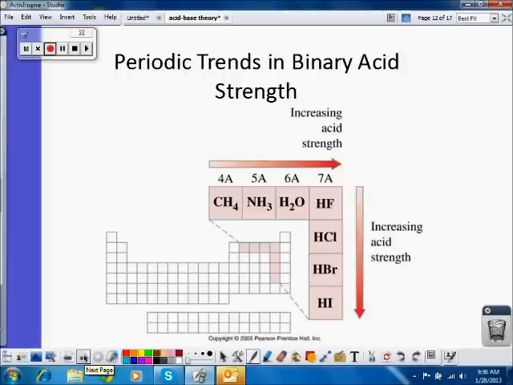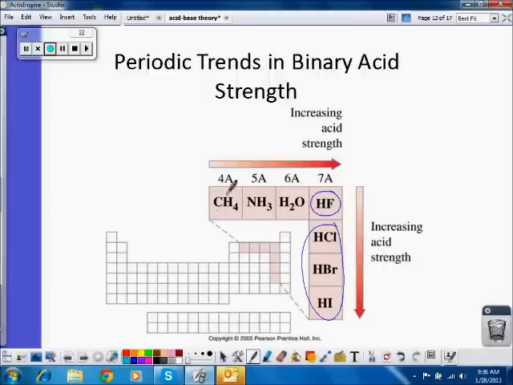So when we look at whether or not an acid is strong or weak, we're really looking at how easily it gives up the H+. These 3 give up H+ pretty easily, so they're considered strong. HF, because that fluorine is so electronegative, does not readily give up the H+, so it is considered weak.